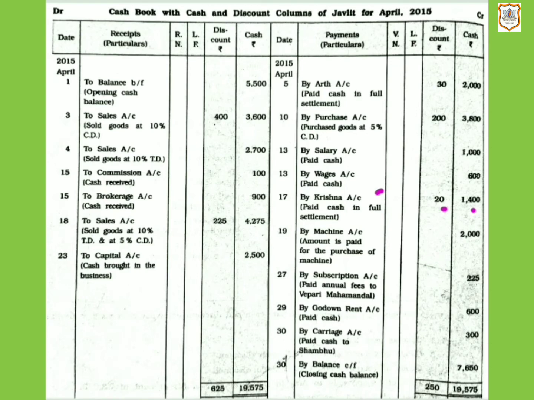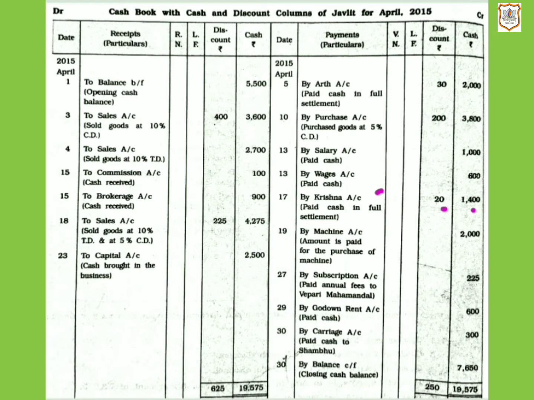Now, next transaction, date 18th. Goods of rupees 5,000 sold at 10% trade discount and 5% cash discount. Here both the types of discounts are given. So in case when both the types of discounts are given, first we will deduct trade discount, and whatever amount we get, we calculate cash discount on that amount.